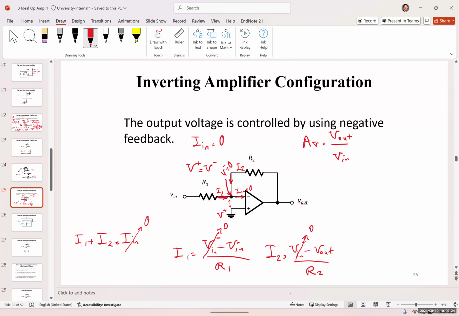So therefore, I1 plus I2 is going to be negative Vn over R1 plus negative V out over R2 is equal to 0. Am I correct? Yes.